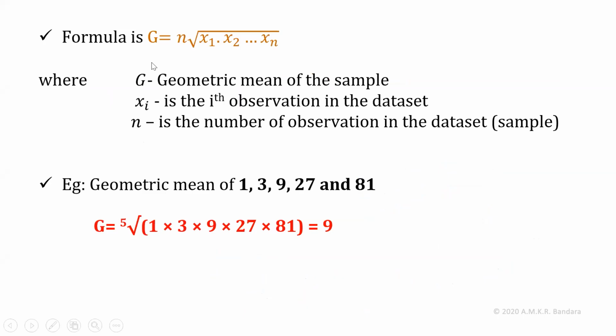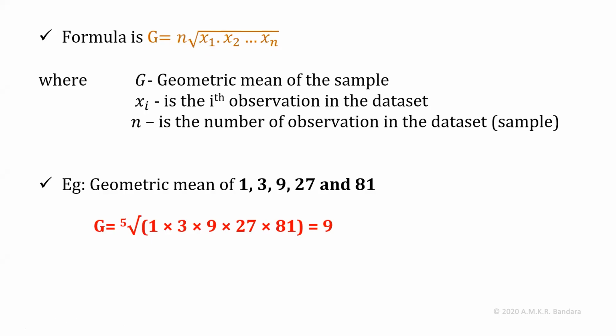The formula used to calculate geometric mean is, you know, this symbol, that we use to represent root. Here we need to get the root of this, that is the product of every observation.